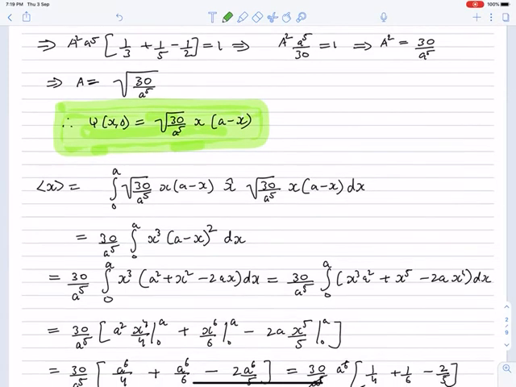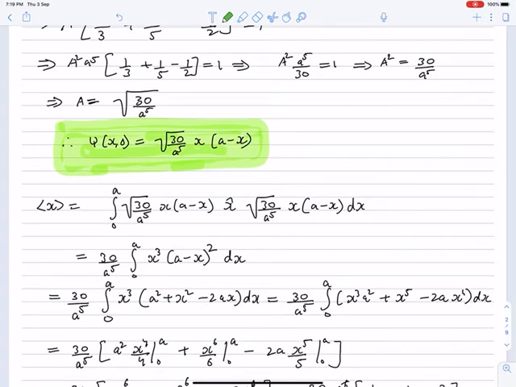So the formula will be the integral from 0 to a of psi star x psi dx.